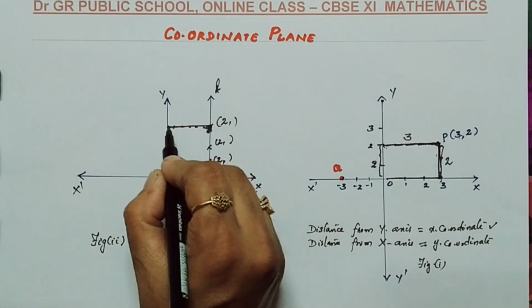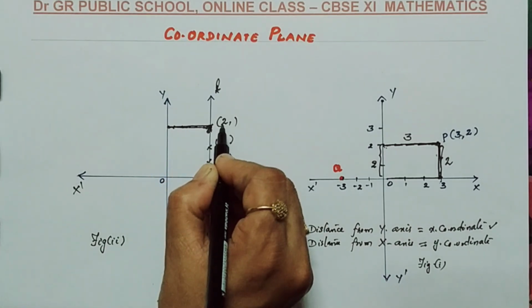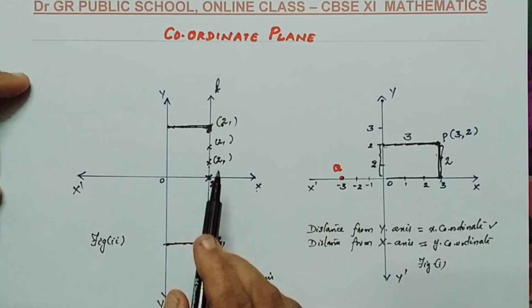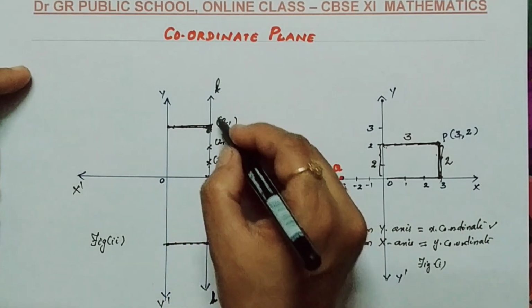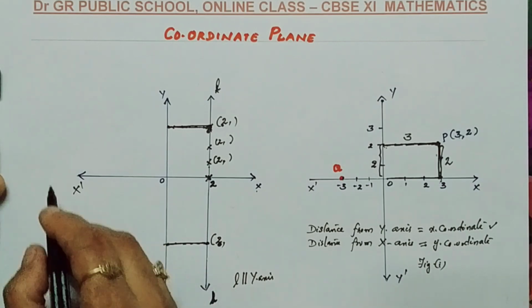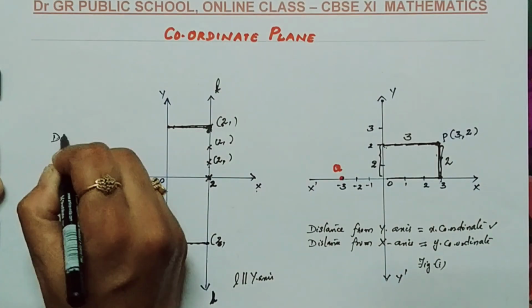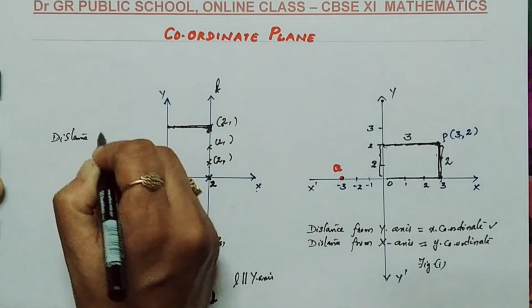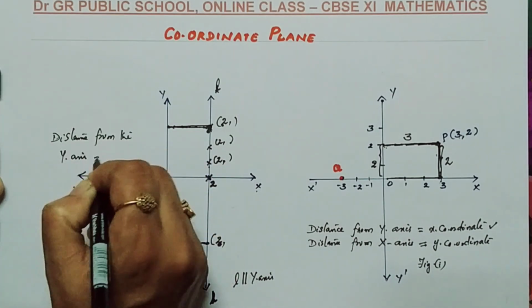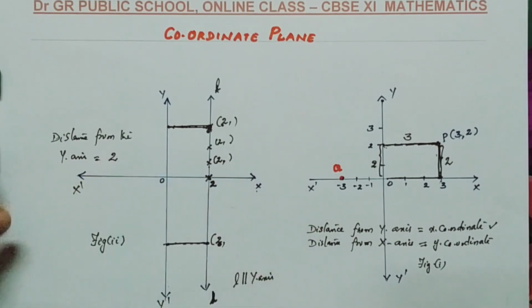So the distance from the y-axis, this much distance, is the x coordinate 2. That is why I told you that the distance of the point from the y-axis, which is the x coordinate, is fixed in the case of this line which passes through 2 on the x-axis. So the distance from the y-axis is equal to the x coordinate 2.